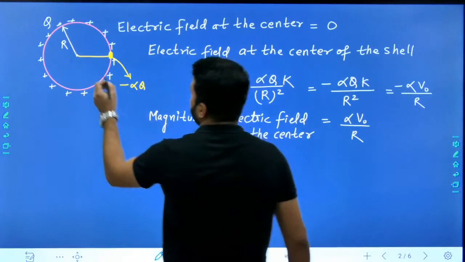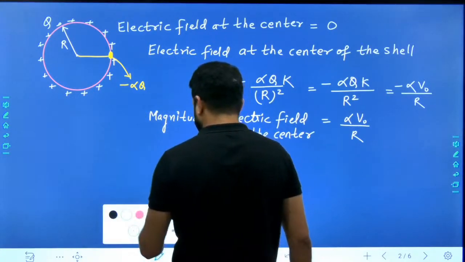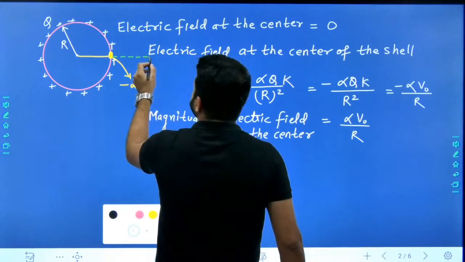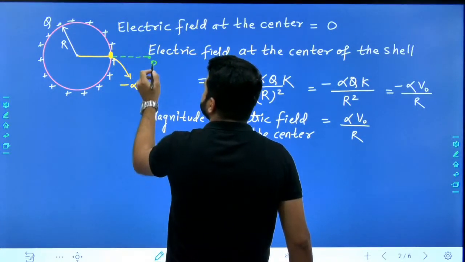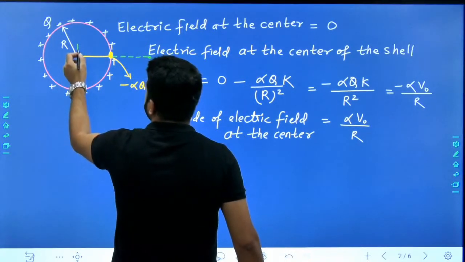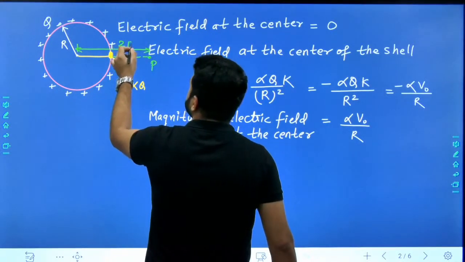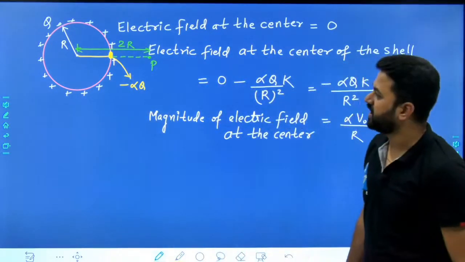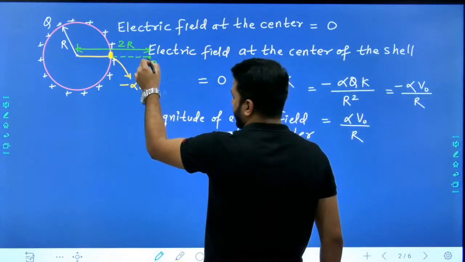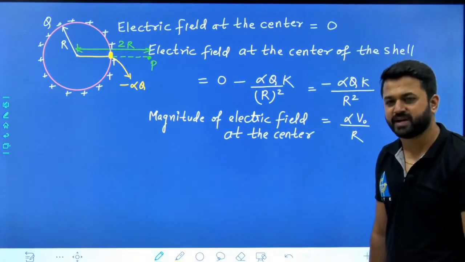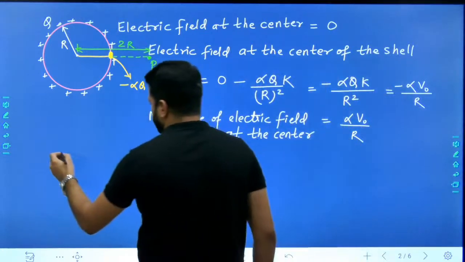So we are saying that at any point P, suppose the complete distance is 2r, at this point the electric field is reduced by alpha V naught by 2r.